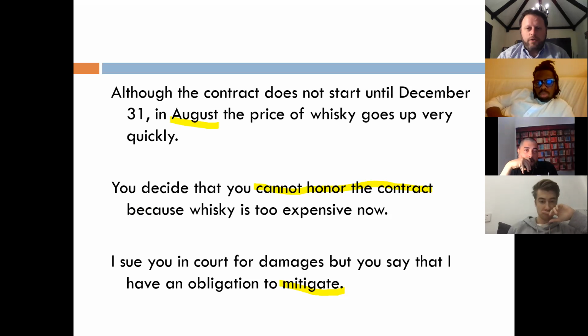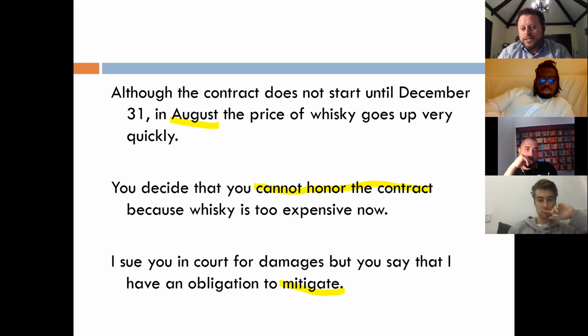You make a good point. Forget about the market price right now. But what it means to make my damages small would be I would go look for other suppliers. Right, Harry, if you're telling me, David, it's August now, it's already too expensive, what you want is you want me to go look for another supplier, right? That's what you want.